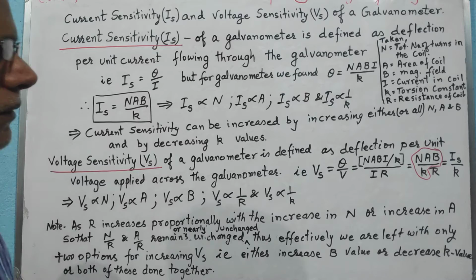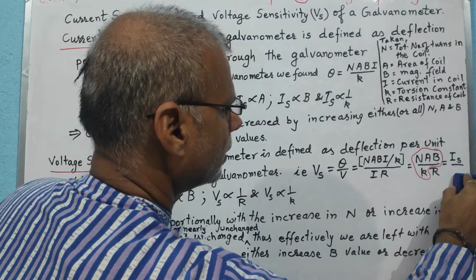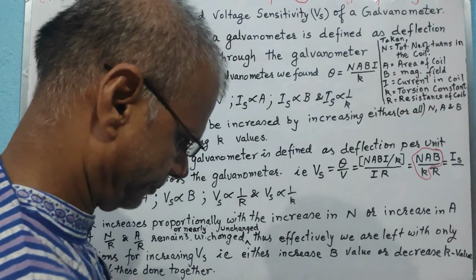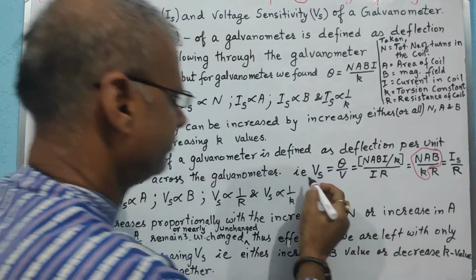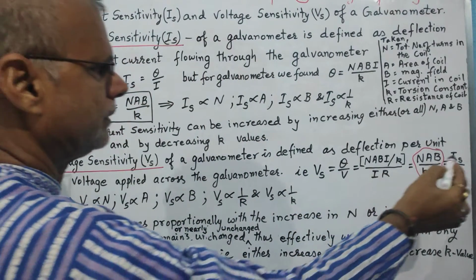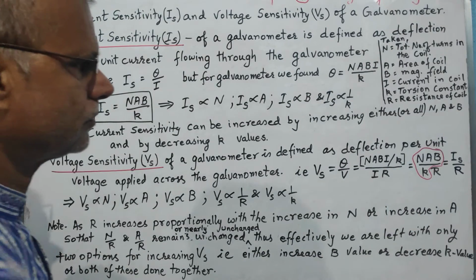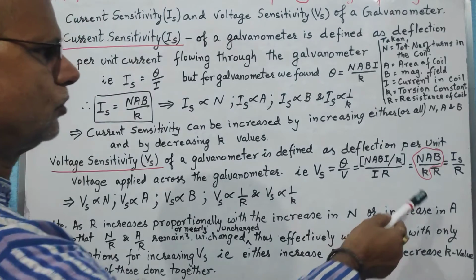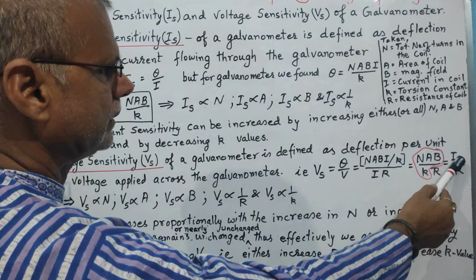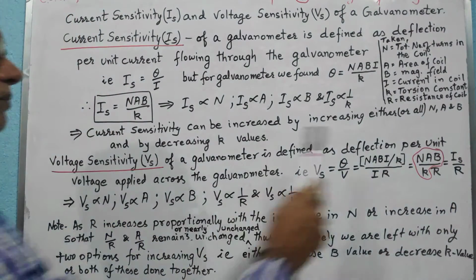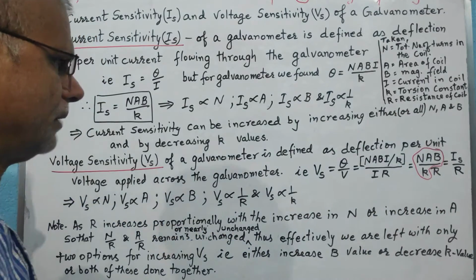Voltage sensitivity is equal to current sensitivity divided by R. I have told you wrongly, divided by K. So here you see NAB upon K is current sensitivity, and that is divided by R. Now from this relation, what you see is that voltage sensitivity is equal to current sensitivity divided by R.